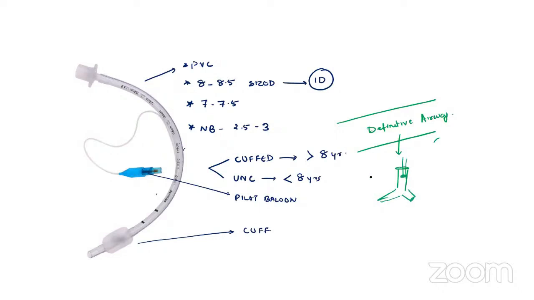Endotracheal tube is an example of that. So it should have passed the vocal cord to call it a definitive airway. Another example of a definitive airway is a tracheostomy tube. It's also a question. Okay.